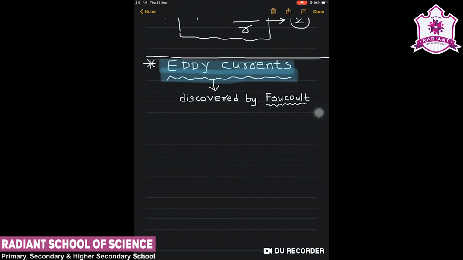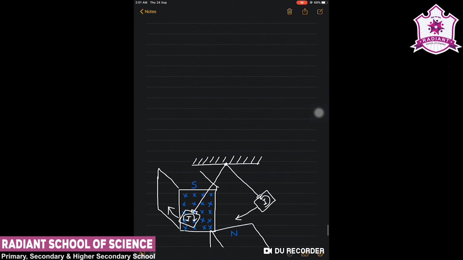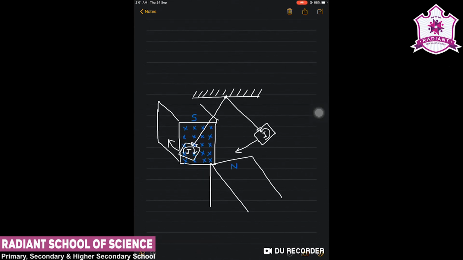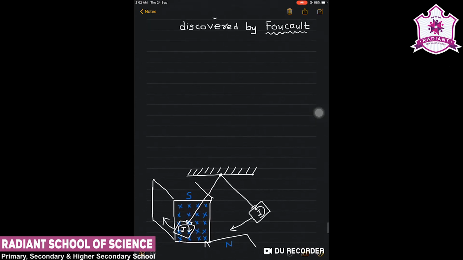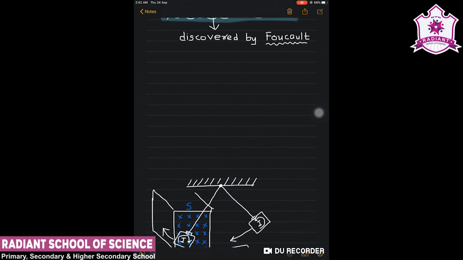Now, to understand this phenomenon, we will consider the following figure. Here in this figure we are given that two strong magnets are kept in a particular field and they are arranged in such a manner that they produce a strong magnetic field in the given region.